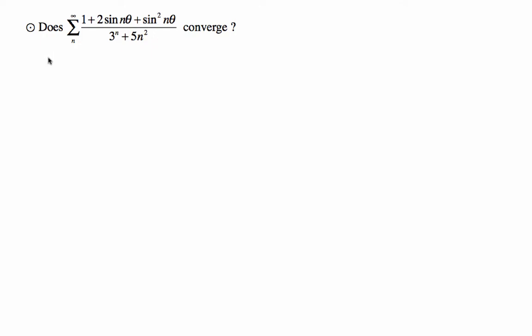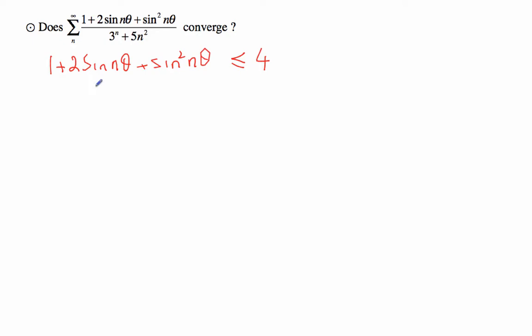So let's look at the numerator and the denominator separately. The numerator is 1 plus 2 sine n theta plus sine squared n theta, and certainly sine of n theta is less than or equal to 1, so is sine squared of n theta, and so this whole thing is less than or equal to 4.